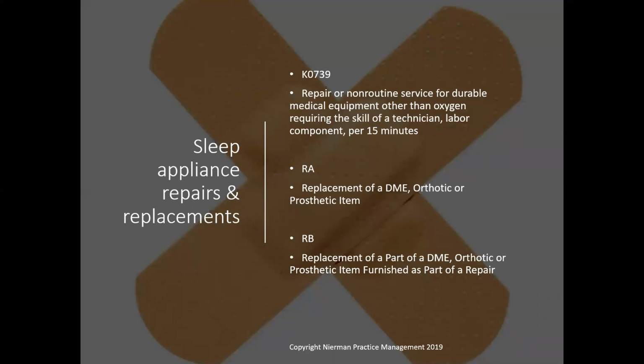So if there is a situation where a replacement is given before that 5-year period, you may be looking at the RA modifier, which stands for replacement of a DME orthotic or prosthetic item. Also, the RB modifier is for replacement of a part of the equipment or orthotic or prosthetic item.